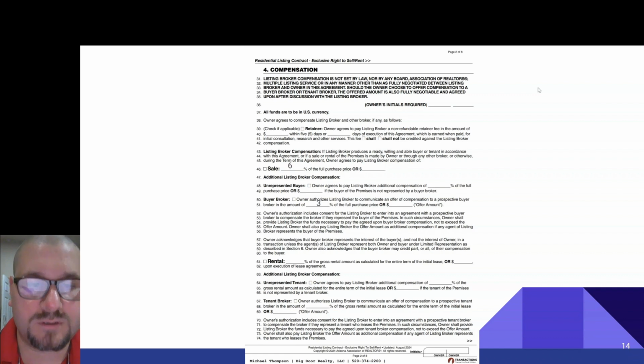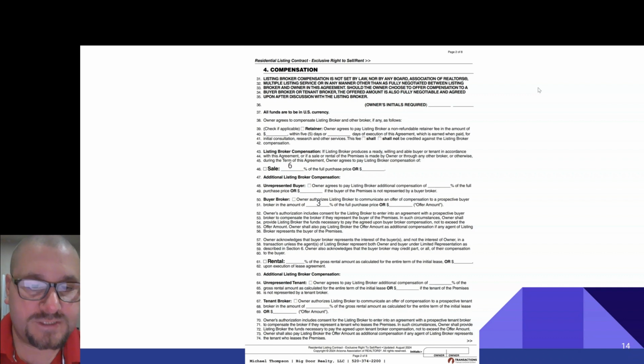Tenant broker, owner authorizes listing broker to communicate an offer of compensation to a prospective tenant broker in the amount of this percentage of the gross rental amount as calculated for the entire term of the initial lease, or some dollar value. So again, usually these lines are not going to apply if you're doing a purchase contract. So for example here, line 46 is where you're going to mark that for the purchase contract.